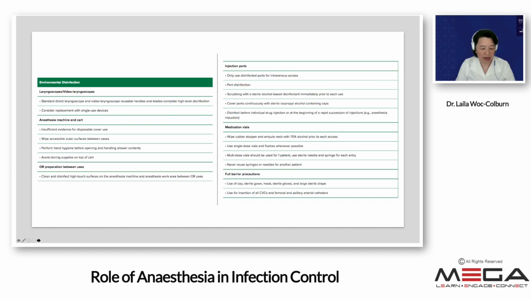You don't want to find things that have been there for a while, which can be a storage place for bacteria or fungi. Between OR cases, you want to clean and disinfect high-touch surface areas. Again, that would be your cart and the IV poles, which are one of the areas where we see most of the infections, and then the areas around.